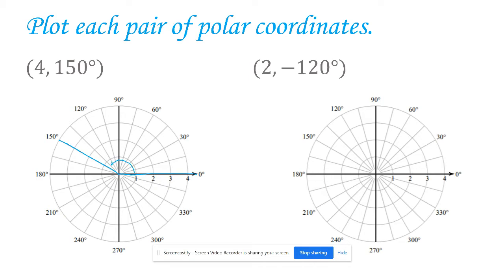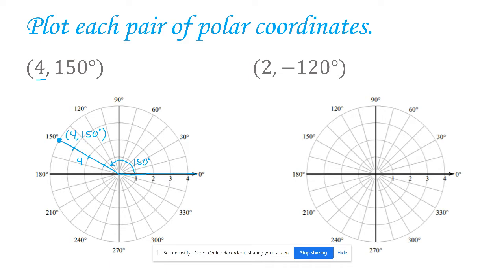So that's a 150 degree angle. And then I want to go outward from the origin 4 units. So I start in the middle, and I go 1, 2, 3, 4. So the distance along that terminal side out to the point is 4. So this point out here is the point 4, 150.